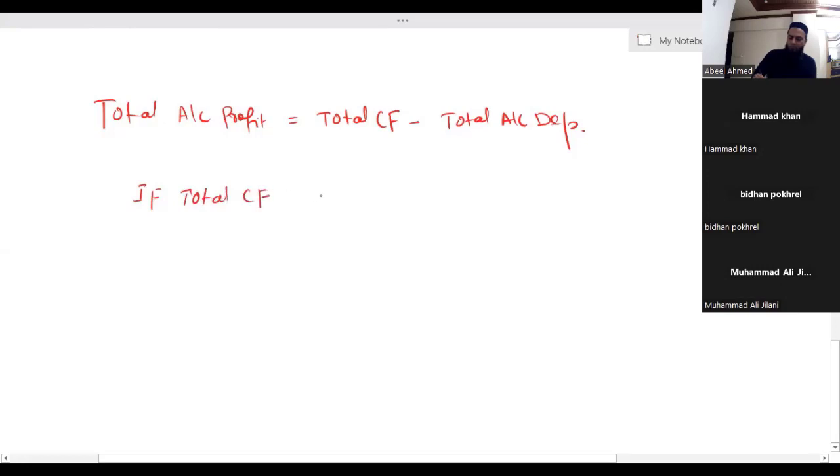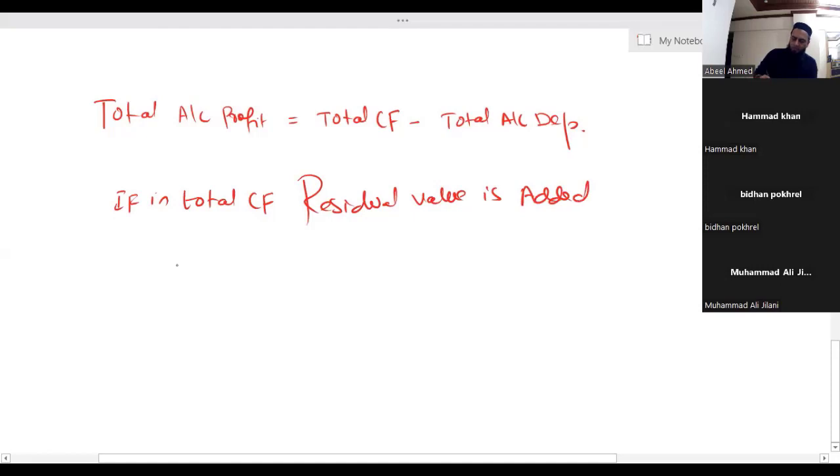If in total cash flows, RV is added, if in total cash flows residual value is added, then the formula will change.